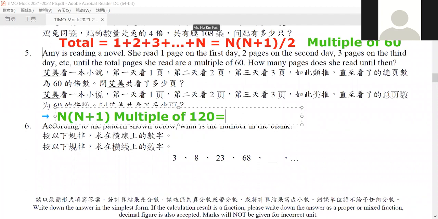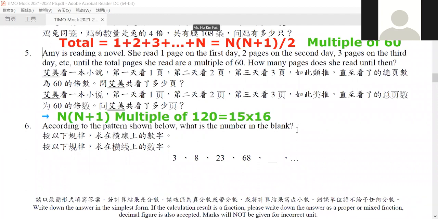But 120 is equal to 15 times 16. So of course, in that case, n can be equal to 15. By this, we know that the total number will be equal to 60, 1 add until 16. So it will be equal to 16, and hence this is our answer.